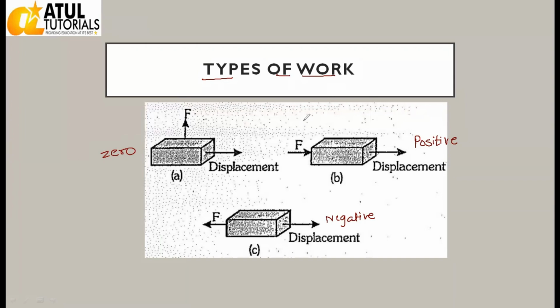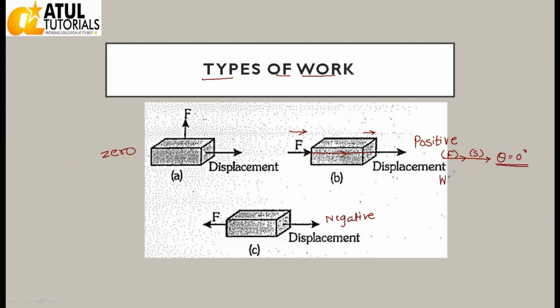In positive work, force and displacement both are in same direction. That means if we consider in terms of angle, there is no angle between force and the displacement. Both are in same line. So therefore, the angle between force and displacement, theta, is equal to 0 degree.